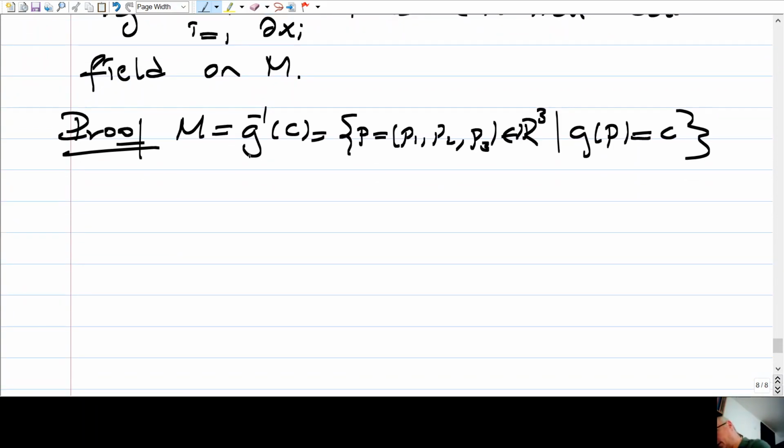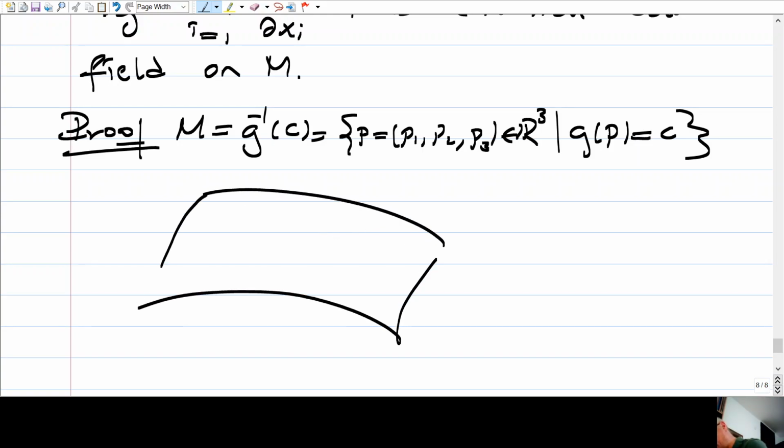Suppose M is like this. What we claim is this: at any point P, the gradient vector is perpendicular to the surface.